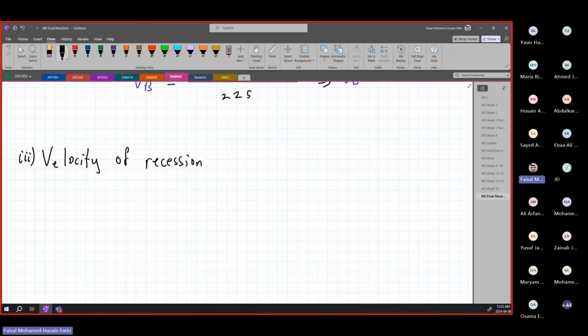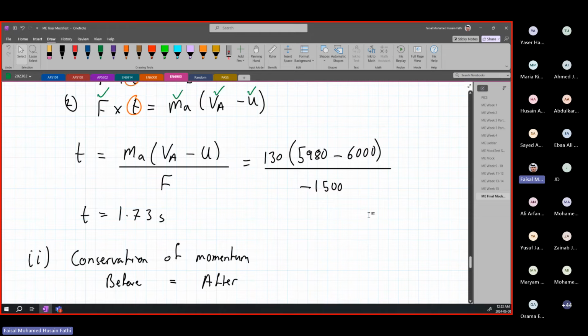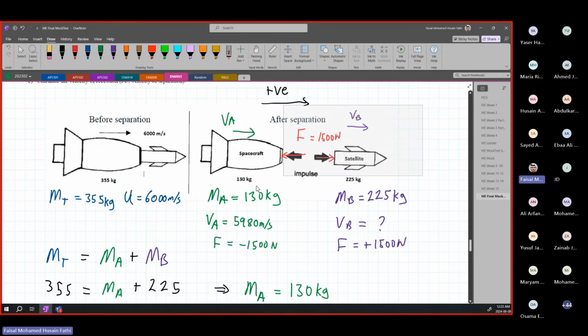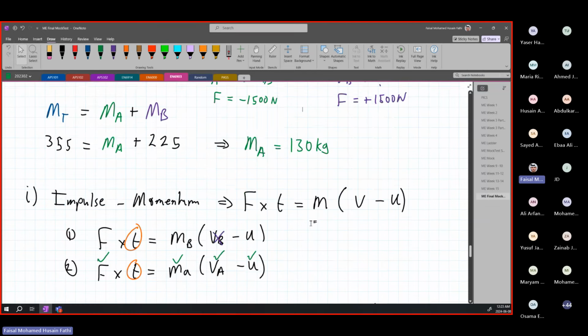This basically means your velocity of separation. Velocity of recession is the velocity of separation. So you're going to look at your after velocity and you're just going to subtract your VB minus VA. That's it. You're looking at the velocity of the separation that has occurred.